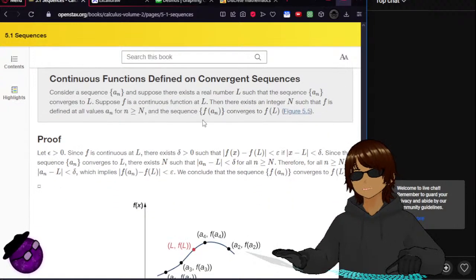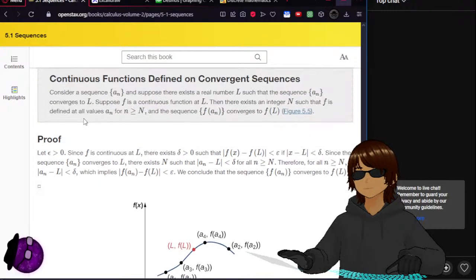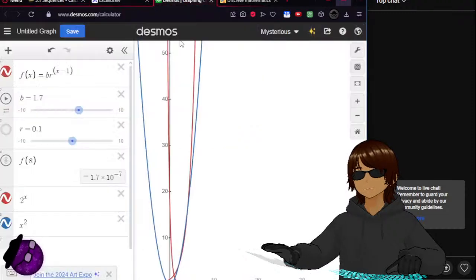Let me read this. I don't understand what they mean. Then there exists an integer N such that f is defined at all values... I think I get it.